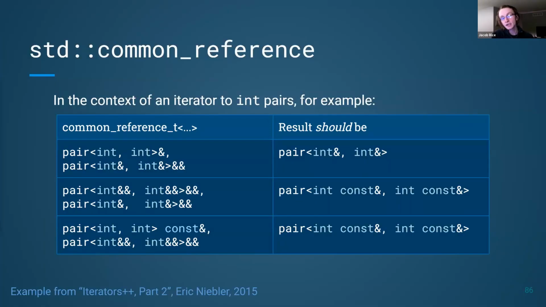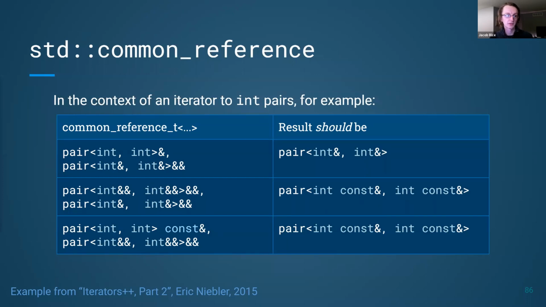So what I would like is for common reference to be defined like this, and it's not. So don't use this code. Don't expect that this is the case for std::pair. This is not the case. These are just a couple of examples, and this table is just from the perspective of an iterator that is supplying pairs of ints. These are the kinds of things that we would want to see. So this first example on this slide would be for that iterator, right?